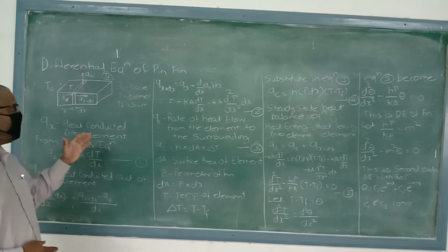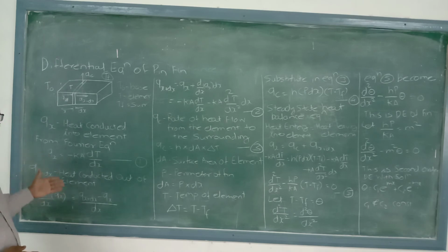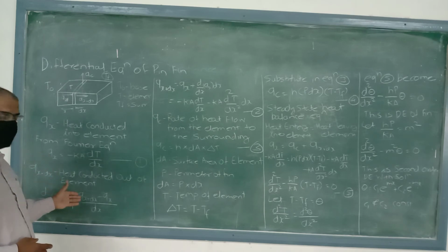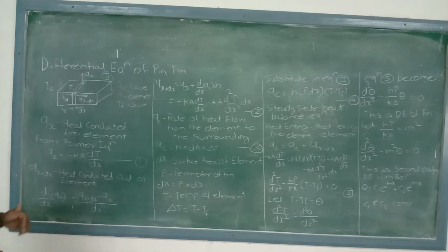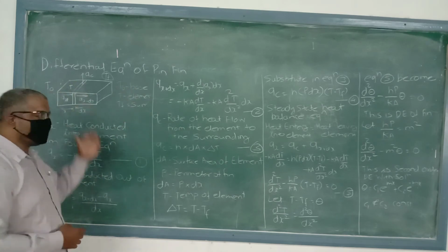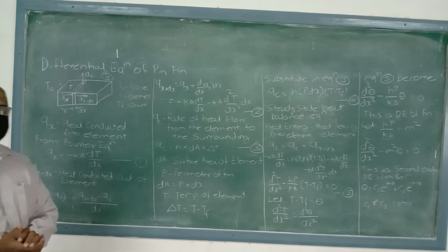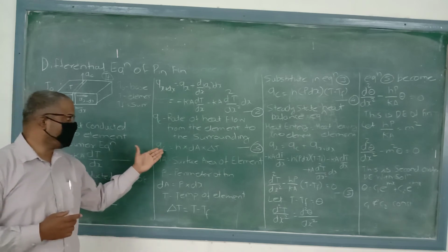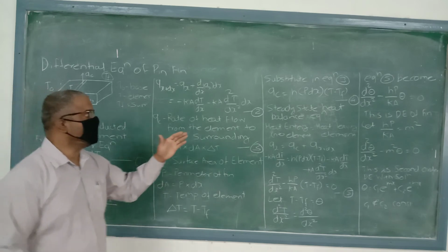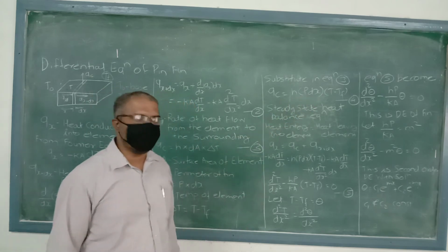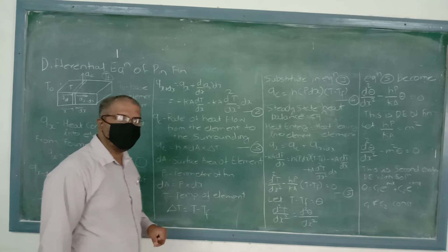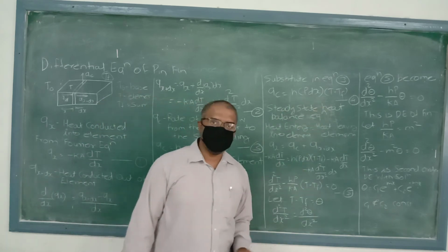We can calculate Qx plus dx by differentiating this, and we also can calculate Qc by heat convection, h A delta T. For area we can substitute P into dx, and for delta T we can substitute T minus Tf.